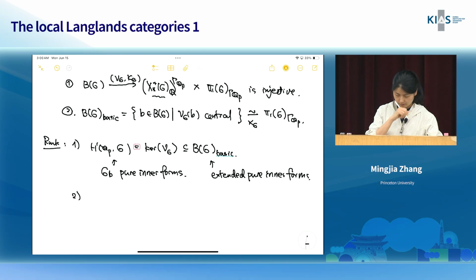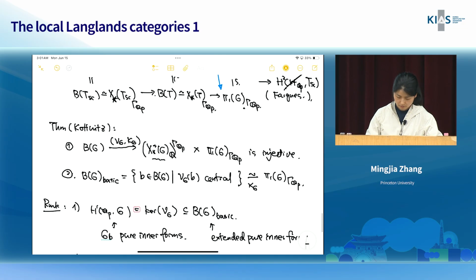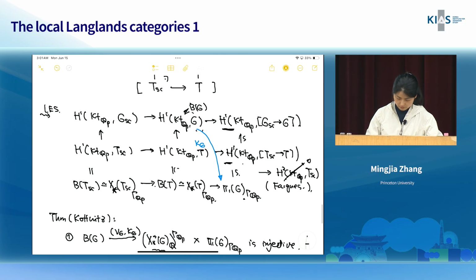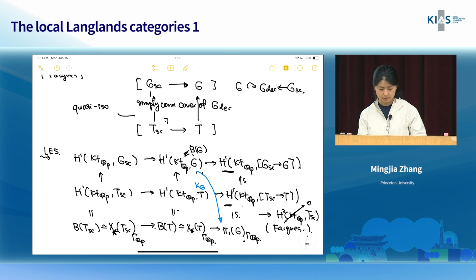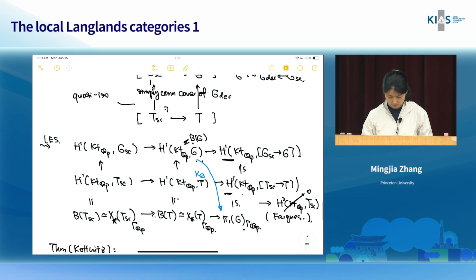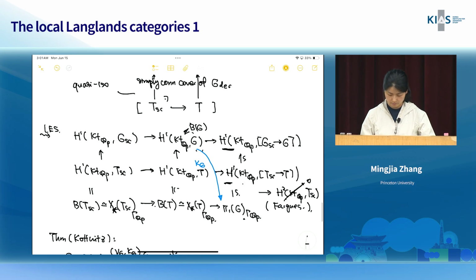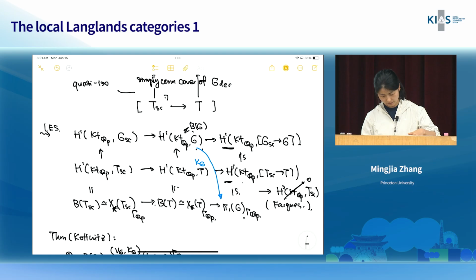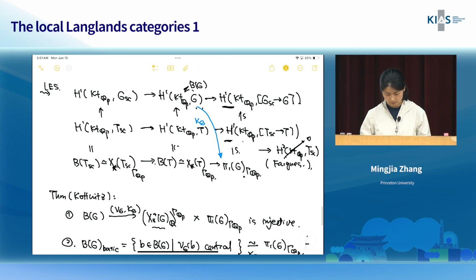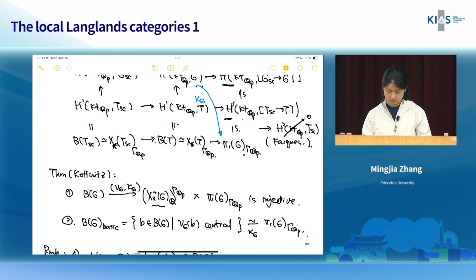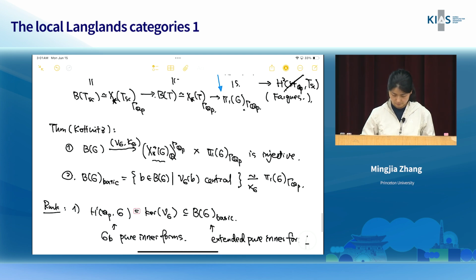And the second remark is that the construction of kappa should remind you of the exponential sequence. Namely, if G were something like C star, then it has a universal cover given by C, and the kernel of the exponential map is 2 pi i times the integers. The long exact sequence would land from H1 of C star into H2 with coefficients in Z, and that boundary map is given by the first Chern class of a line bundle.